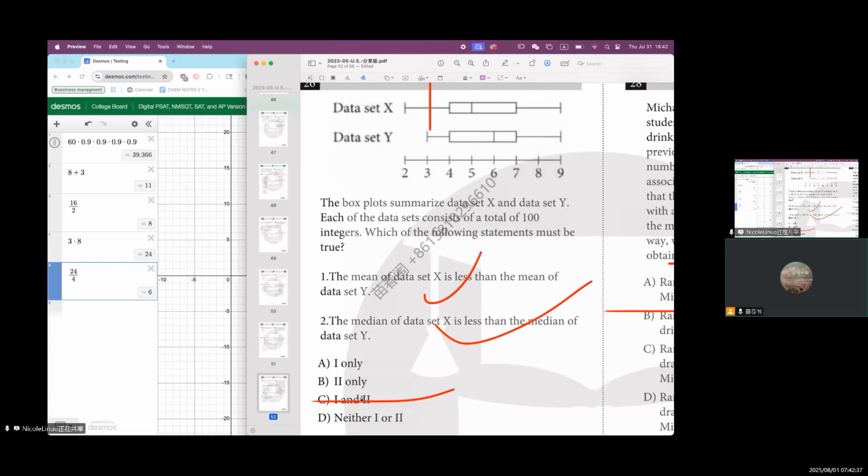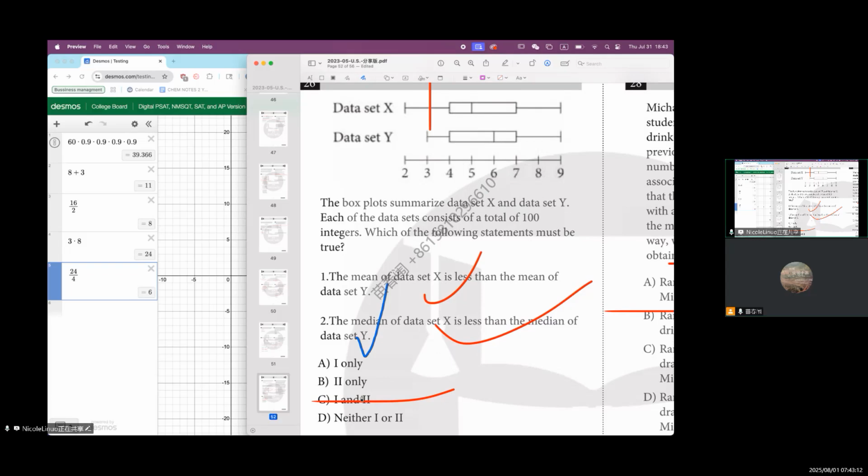The mean of data set X is less than the mean of the data set Y. Well, the middle line is the median, so 2 is definitely right. But the problem is, how do you find the mean anyway?